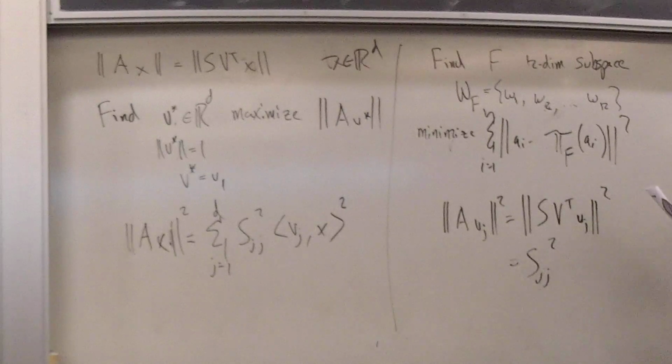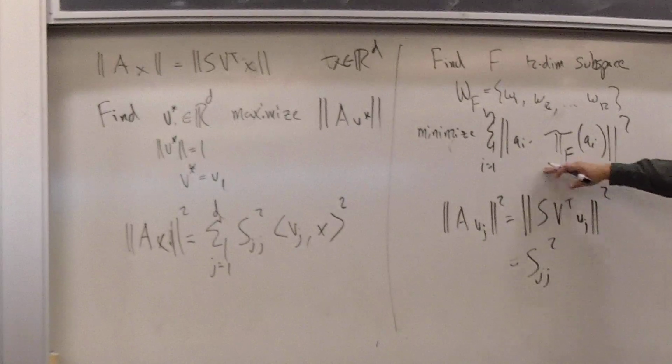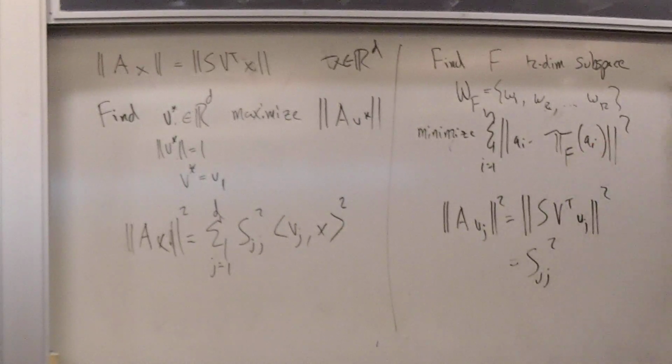Okay, so now if I expand this for any x, I can now say x minus projection onto, and now let's define this where WF is equal to V1, V2, up to Vk, where these are the right singular vectors.